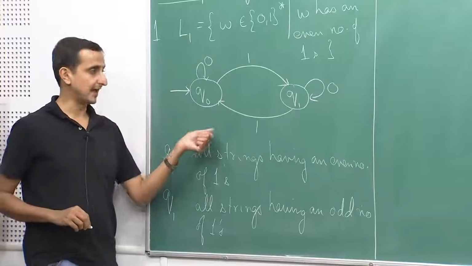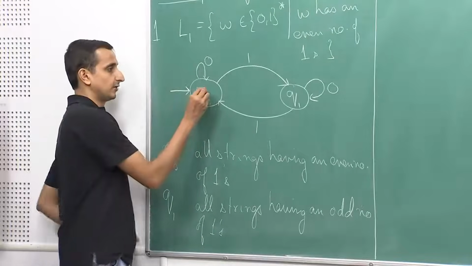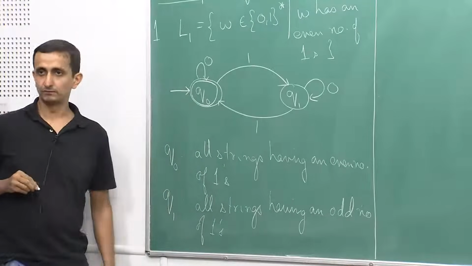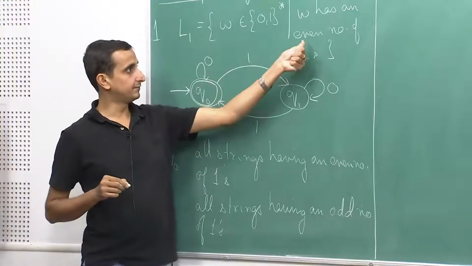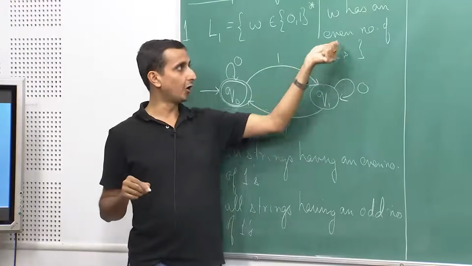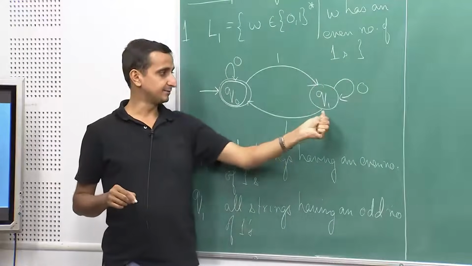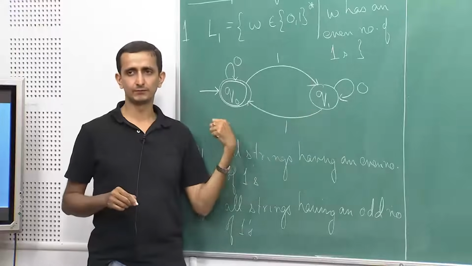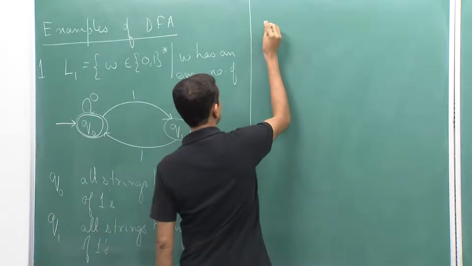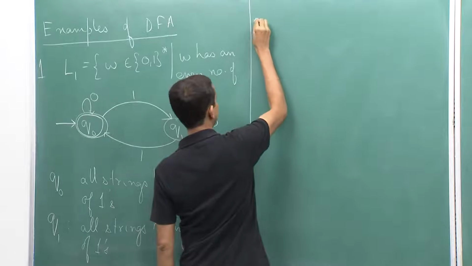Okay. So, therefore, the accept state in this case is going to be the state Q0. Okay. So, instead of even, if we had a language which consisted of all strings having an odd number of ones, our accept state would have been Q1 instead of Q0. So, now let us move on to our next example.